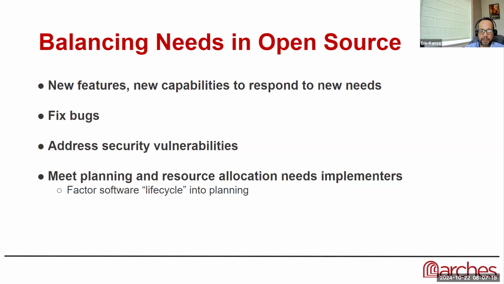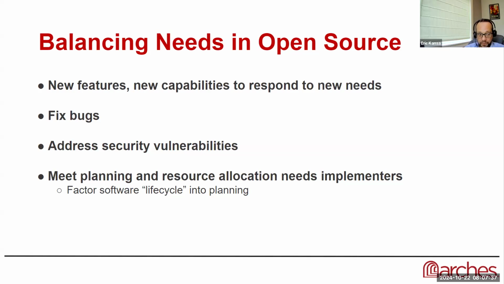So when developing open source software, we have to remember that we're working in a really dynamic environment, right? So technology changes all the time. So the software, operating systems, hardware, the kinds of things that you would want to connect Arches with, all of that is in constant flux and constant development.